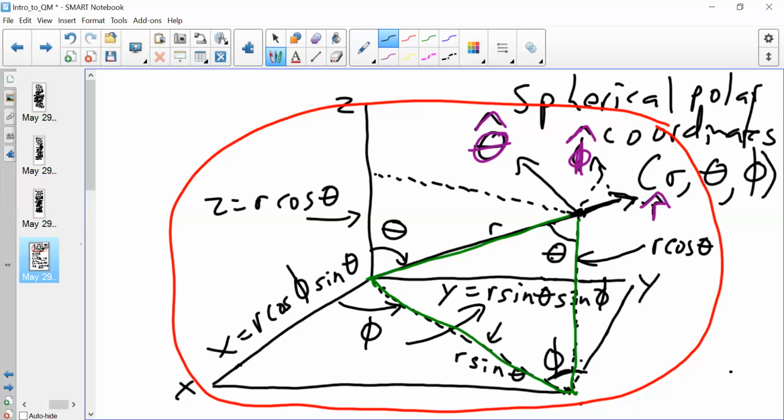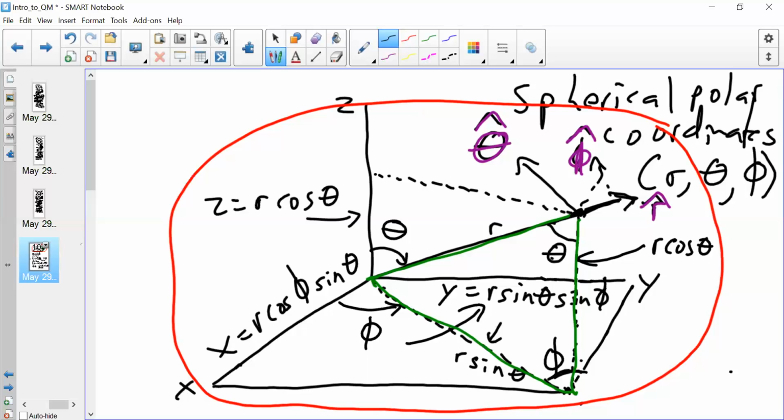Now x. We can start taking a look at what x is going to become by looking at this phi angle. The x-axis is here, so we know that that's going to be cosine of phi. And it's also going to be a combination.